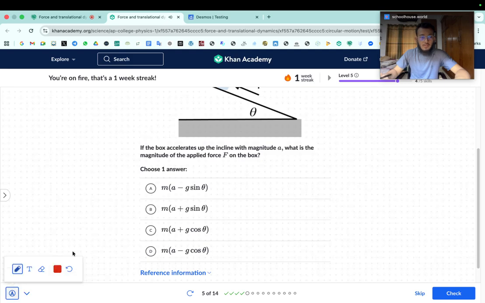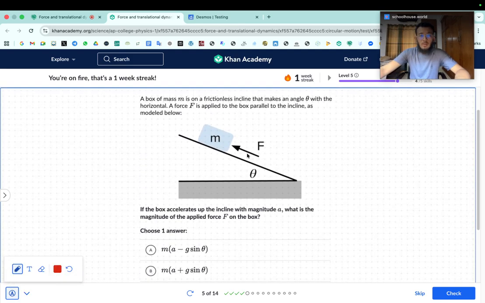All right. So a box of mass m is on a frictionless incline that makes an angle theta with the horizontal. A force F is applied to the box parallel to the incline as modeled below. So this is frictionless. We don't have any friction, but we do have weight, which is acting downward here, which is mg.